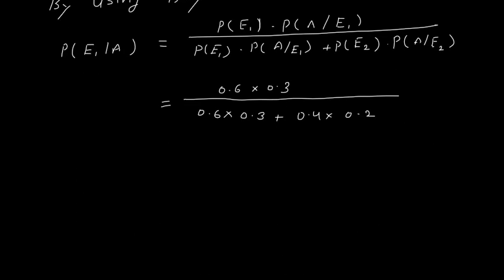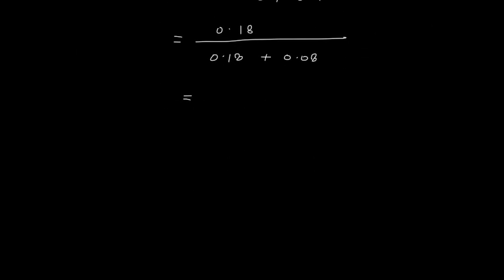Okay, now we calculate this. 6 3 is 18, 0.18, whole divided by 6 3 is 18, so 0.18 plus 4 2 is 8, so 0.08. So this is equal to 0.18 divided by 8 plus 8, 16, 2, so 0.26.